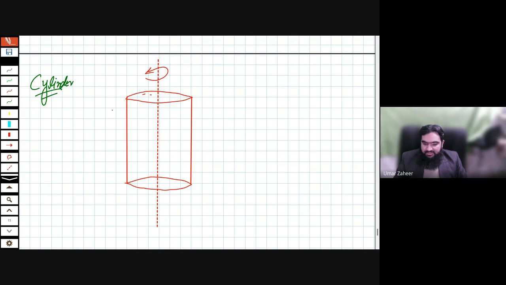So we can conclude that the order of rotational symmetry is infinite. Yes, everyone, is it clear?